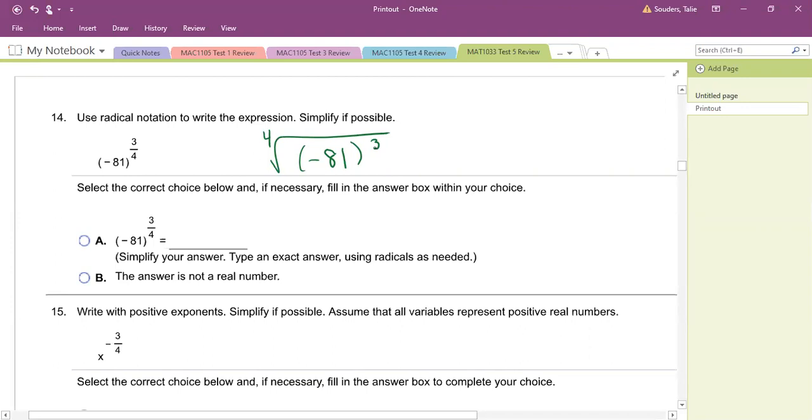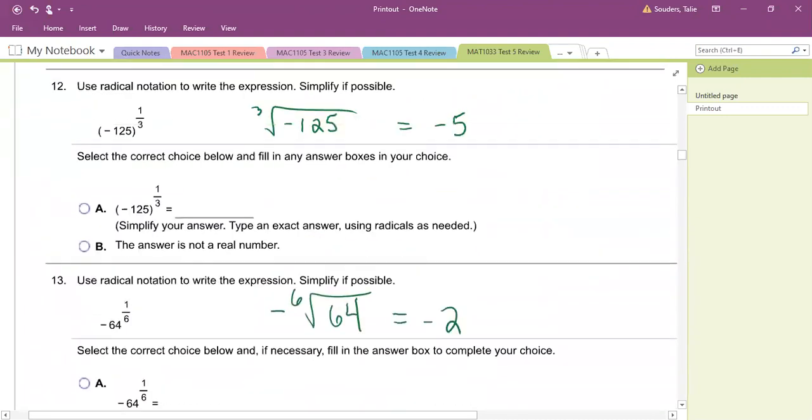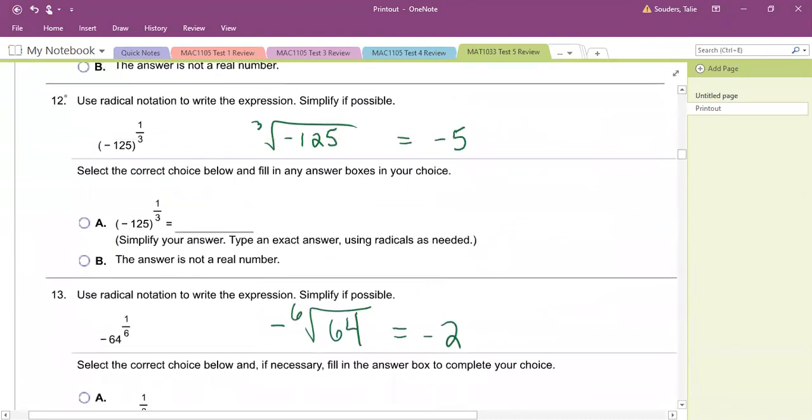Why is it not real? I went over this with my aunt because she's a math teacher, but she said that if it's an odd, I think, exponent, then it's not real. So if it's odd, you can work it out like in this problem, number 12, right? If you have an odd root, you can get an answer.